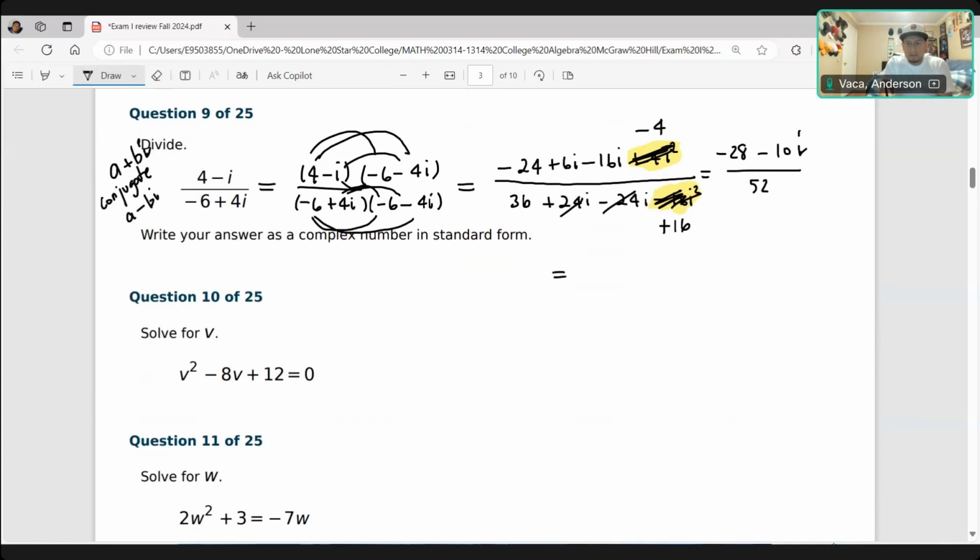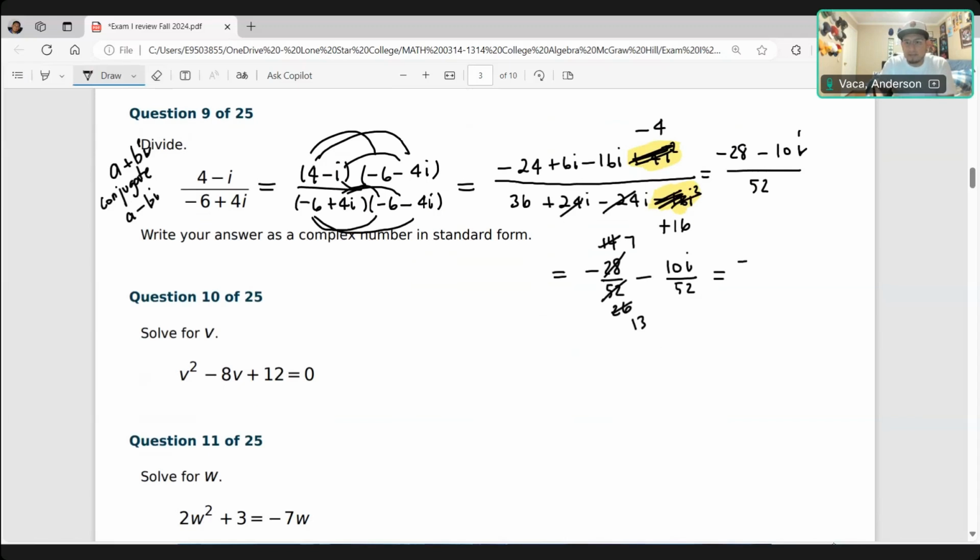We have negative 28 over 52 minus 10i over 52. Now, this needs to be simplified. So let's do this slowly. They're both divisible by 2. So we get 14 over 26. They're both divisible by 2. We get 7 over 13.